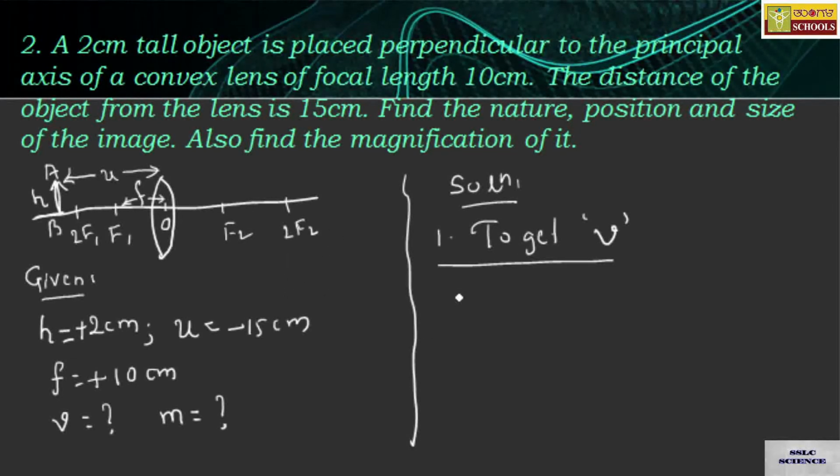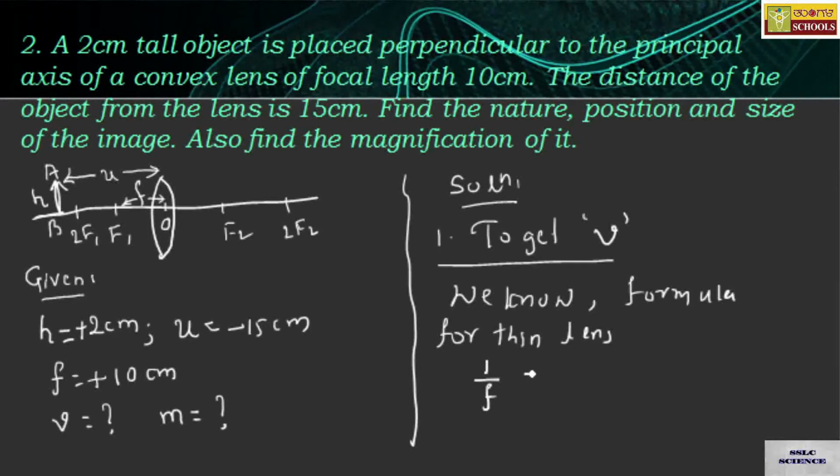So we know from the thin lens formula, the formula for thin lens, 1 by f is equal to 1 by v minus 1 by u. So we know this formula very well.